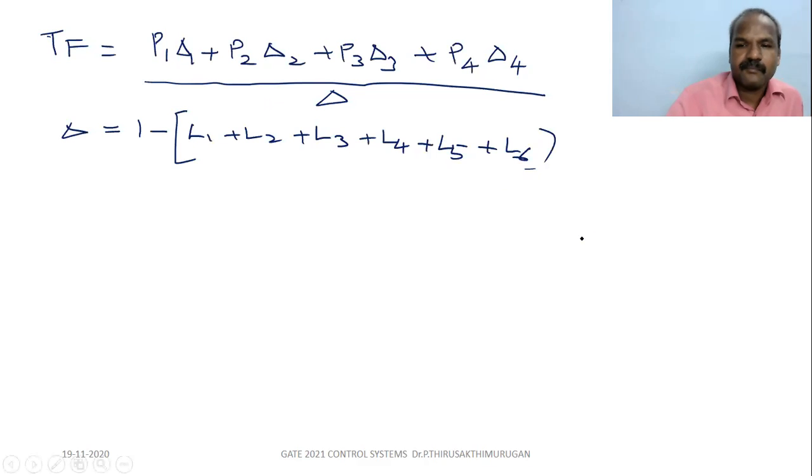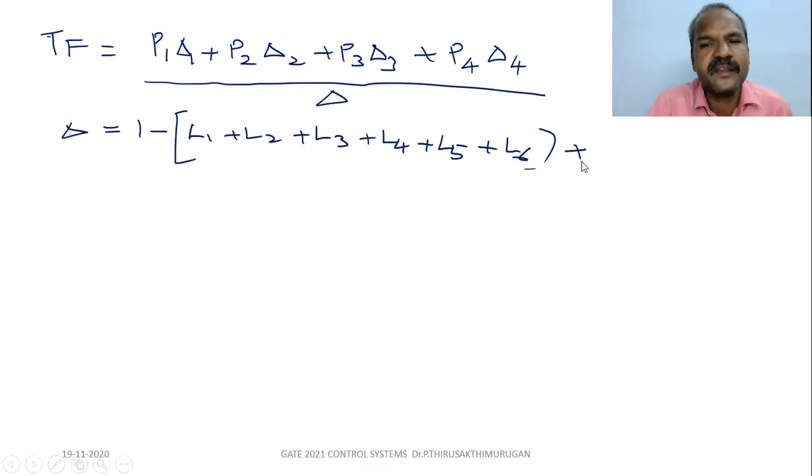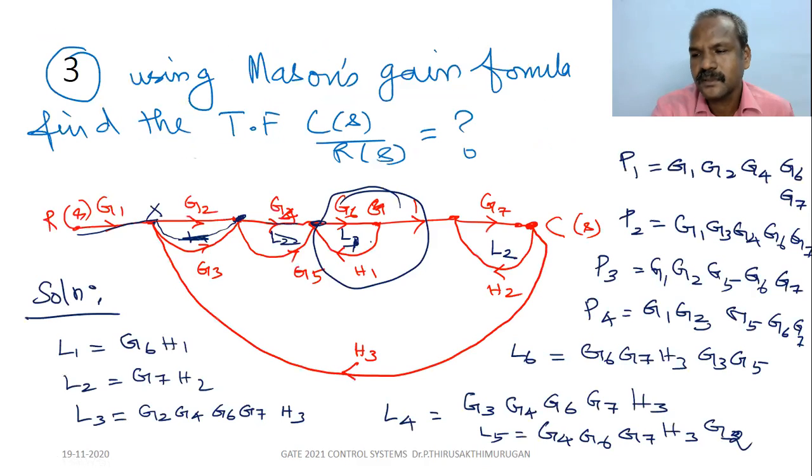Plus the possible combinations of any two non-touching loops. Only one is available, that is G6, G7, H3.